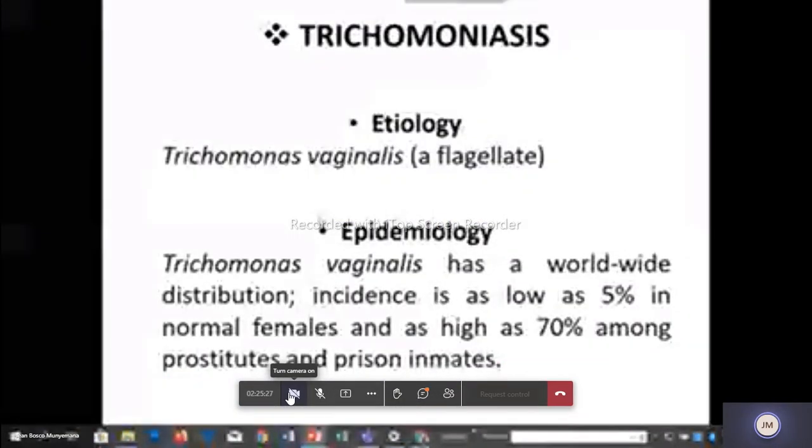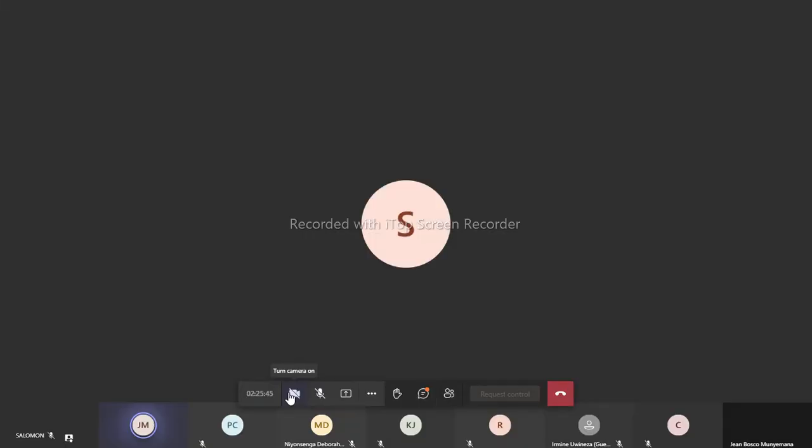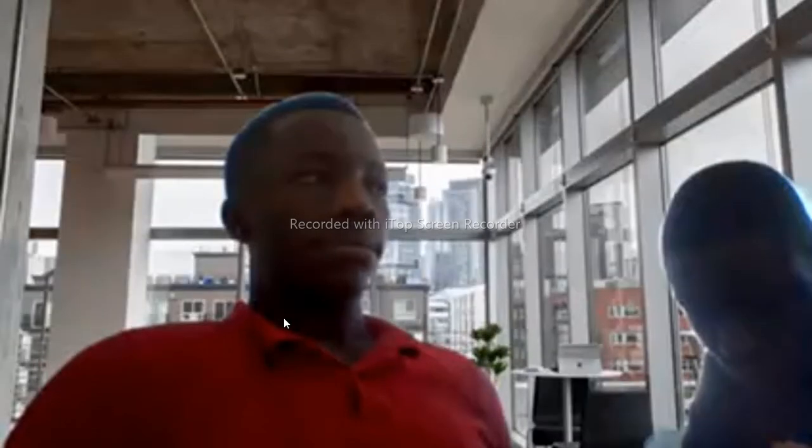So we are going to look at Trichomonas that cause trichomoniasis. Trichomonas vaginalis is a flagellate. It moves by flagella and has a worldwide distribution. Incidence is not high in a normal female, but is very high in sex workers and prisoners.